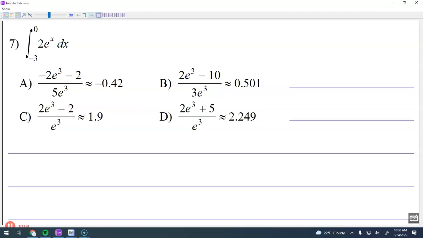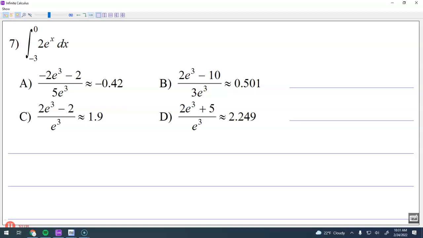Is this u substitution? Yes. What's big N? Okay, what's little N? It's not. It should be the same thing as before. The integral of 2e to the x is 2e to the x, right?